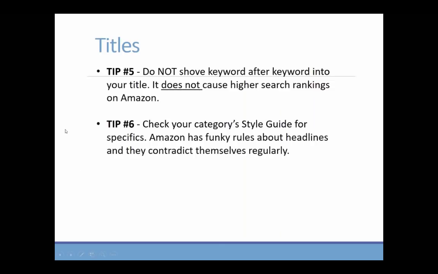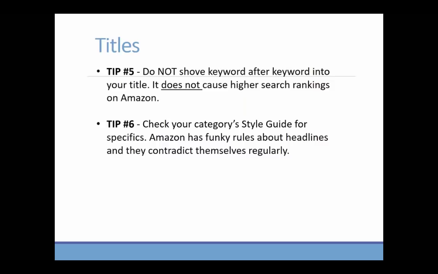Tip number 6, check your category style guide for the specific criteria you need when writing titles. If you don't know where the style guides are, you can go into Seller Central and simply search for style guides, or search for inventory templates, which will bring all of those up.